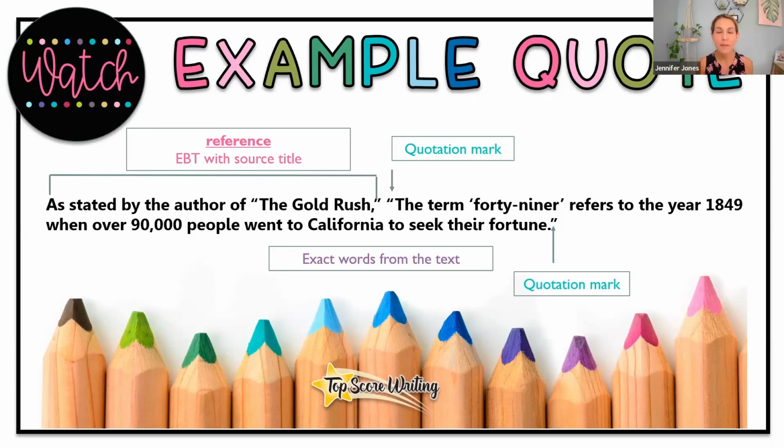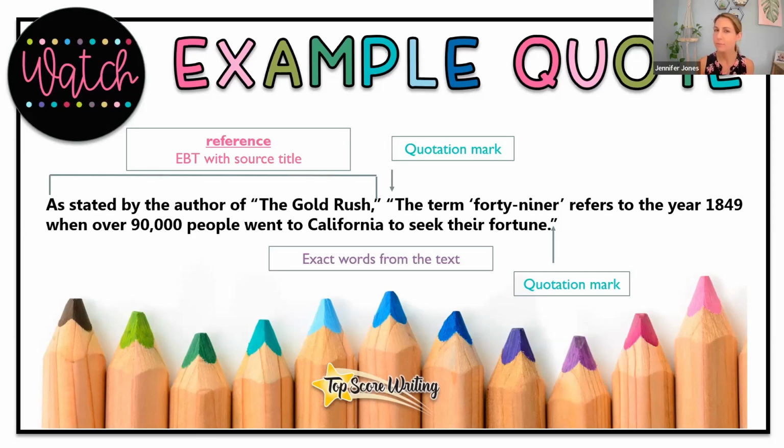So if I say to my reader, hey, this sentence came from the article, they won't know if I'm talking about Article 1 or Article 2 or Article 3. So we always have to be specific. So this is letting my reader know very clearly that this quoted sentence right here came from the Gold Rush article.